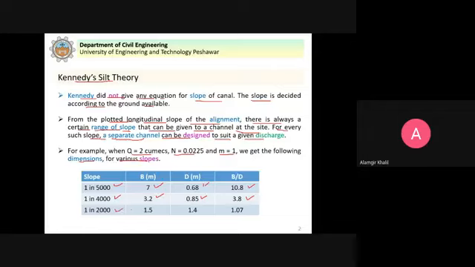And for 1 in 2000, the B value is 1.5 meter, the depth is 1.4 meter, and the B by D ratio is 1.07. Now you can see that if we consider the different slopes, we get different dimensions of the channel for the same discharge, with the same rugosity coefficient and critical velocity ratio.